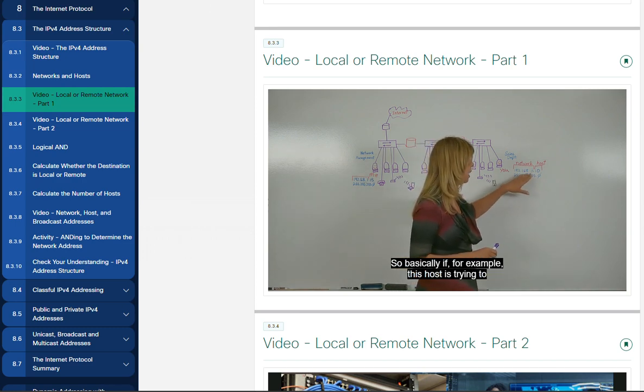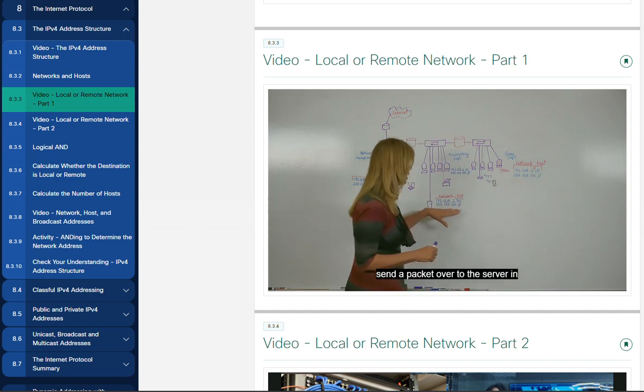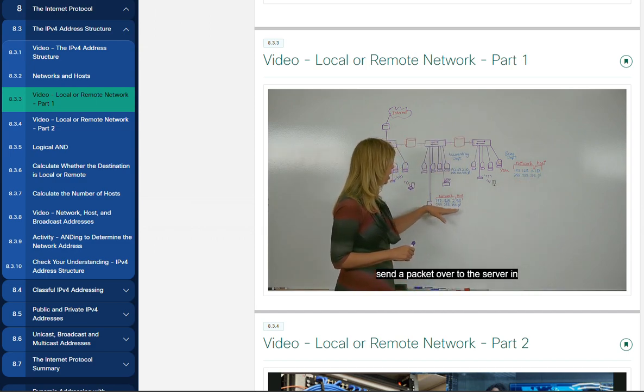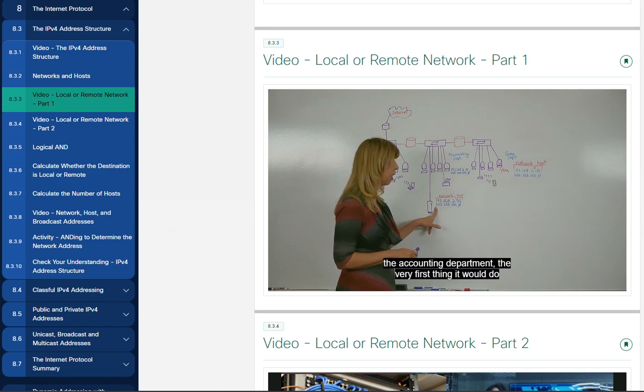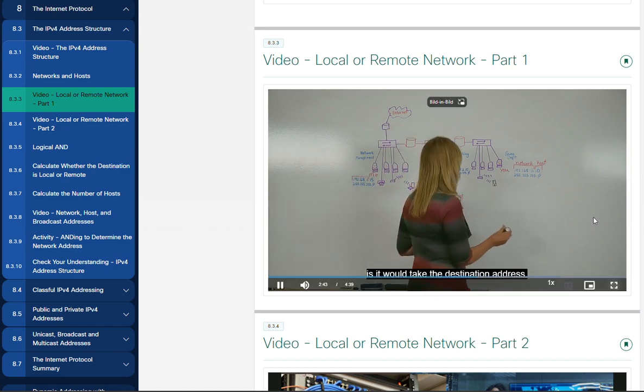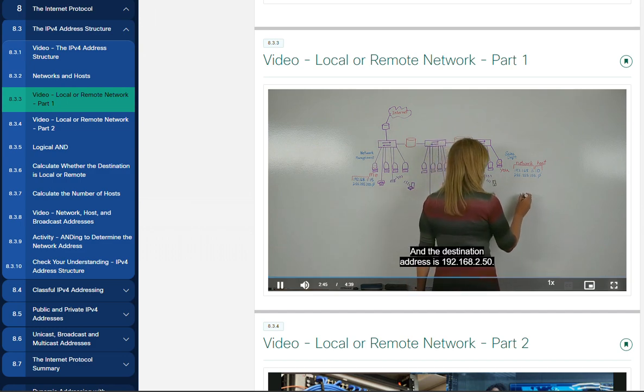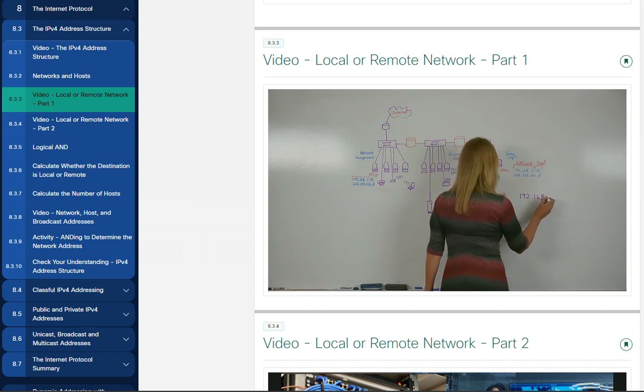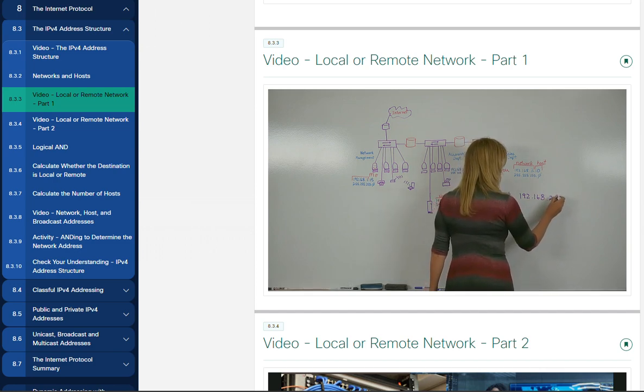So basically, if, for example, this host is trying to send a packet over to the server in the accounting department, the very first thing it would do is take the destination address. And the destination address is 192.168.2.50.